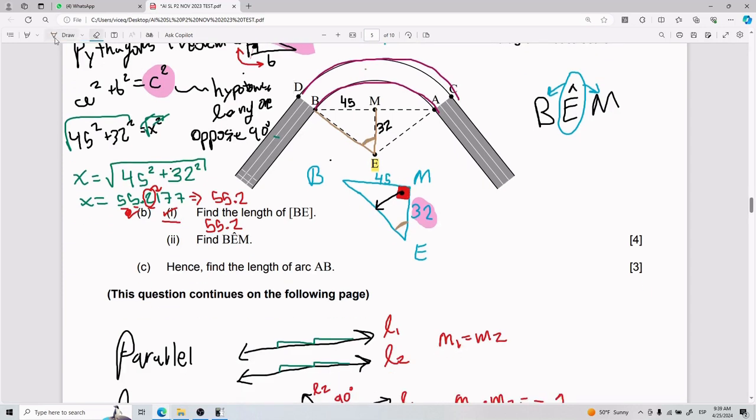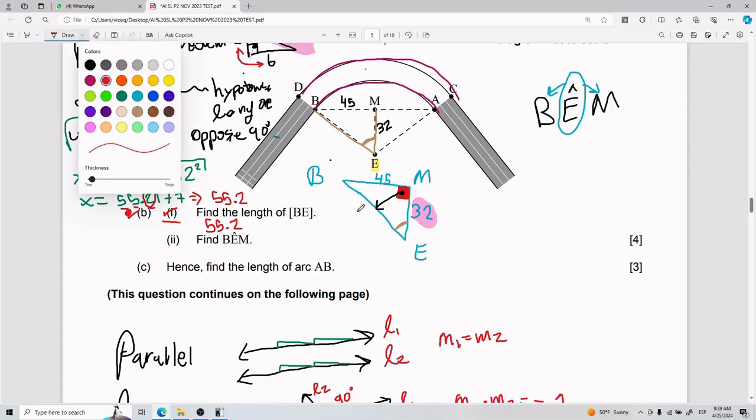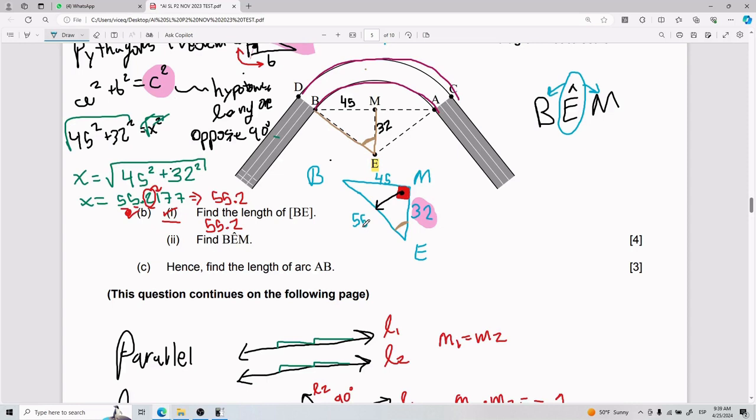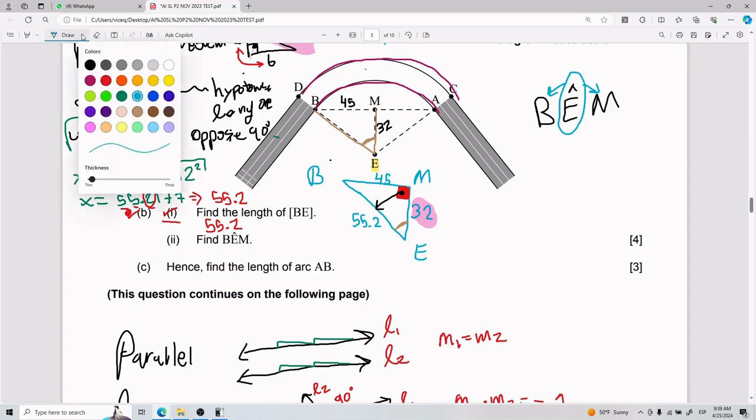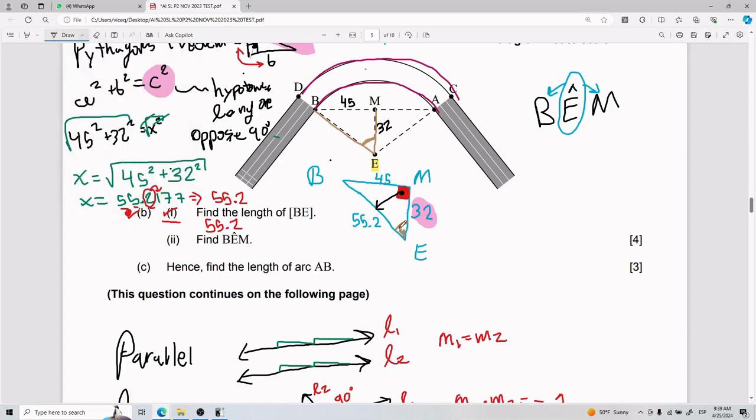You know that this is 55.2, right? And you need to find angle BEM, which is the one that I put in coffee color, in brown, whatever, okay? So this is what we're trying to find for part B(ii). This is what we're trying to find for BEM, see?